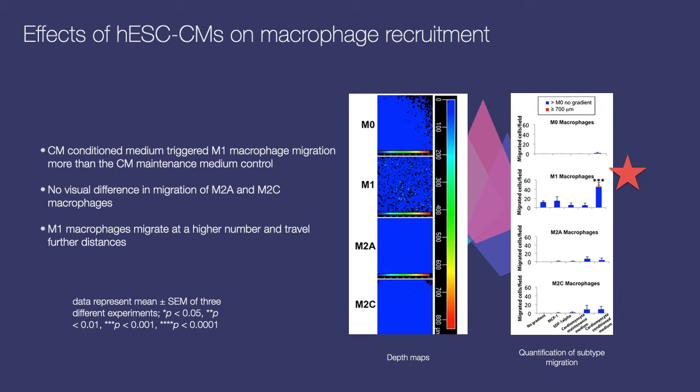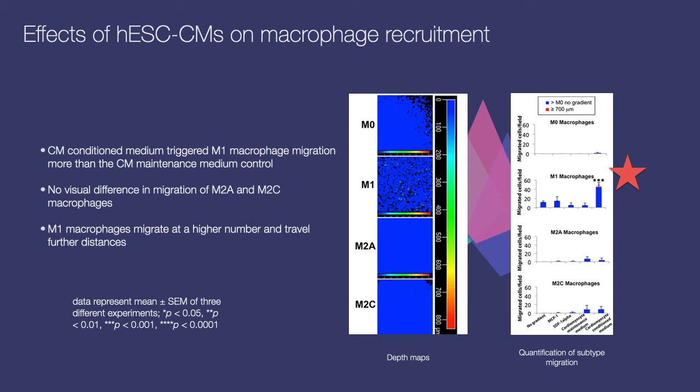So in the center panel, these are the depth maps from the migration shown in the previous slide. And then in the far right, there was the quantification of the subtype. The inferences that they were able to make is that CM conditioned media triggered an M1 macrophage migration more than CM maintenance media.